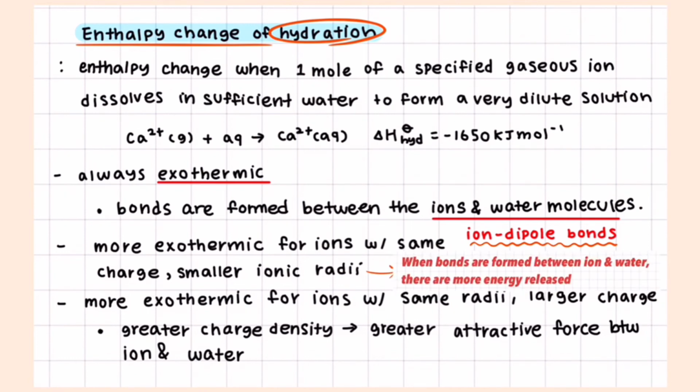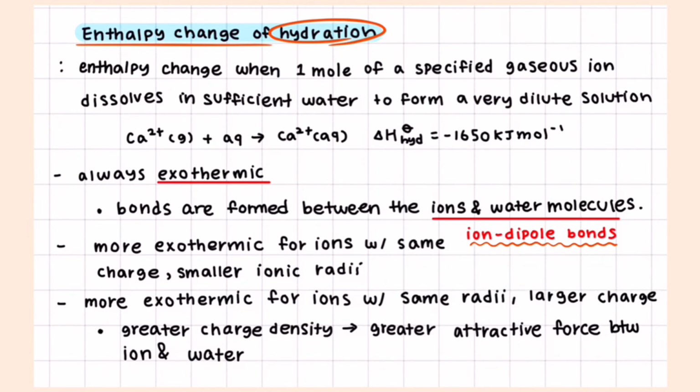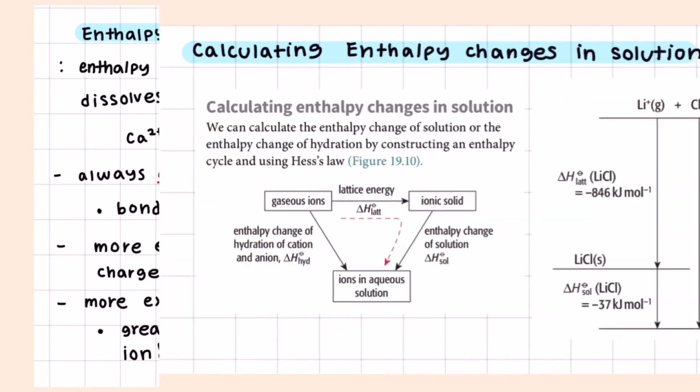So when bonds are formed between the ions and water molecules, it releases more energy. The enthalpy change of hydration is more exothermic for ions with the same radii and larger charge. Larger charge means there is a greater charge density, so therefore there is a greater attractive force between ion and water, releasing a lot of energy.